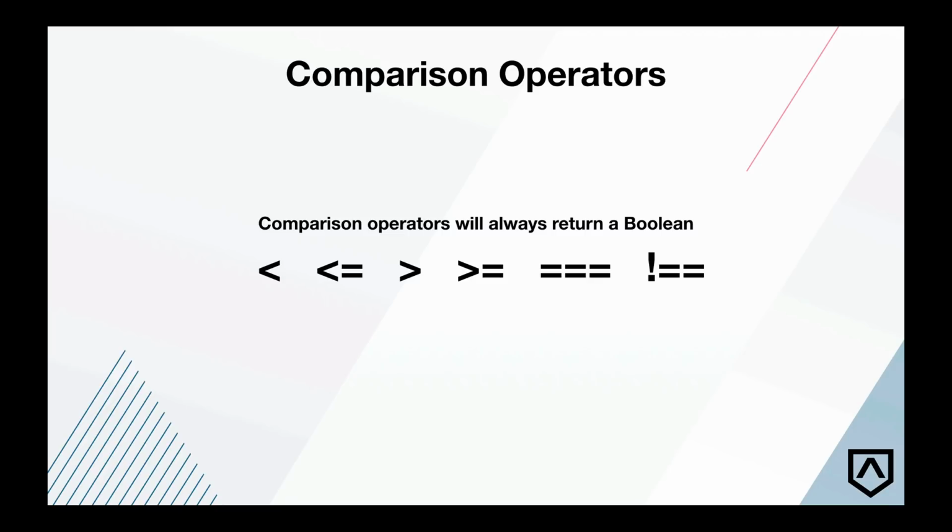So what comparison operators do is they compare the two items and they return a Boolean. Always. They always return a Boolean, either true or false, period. They don't ever return anything else. So it's either going to be true or false when we use a comparison operator. Let's go use one.